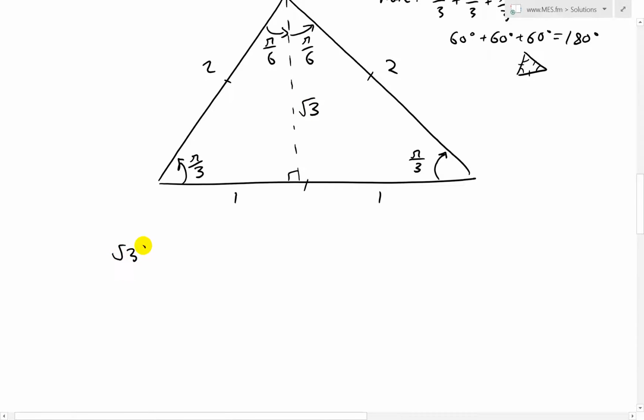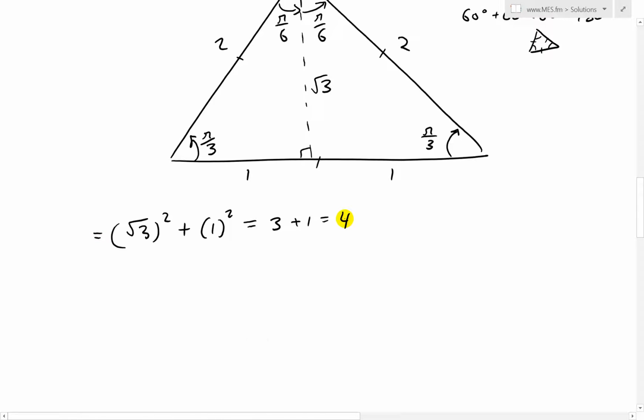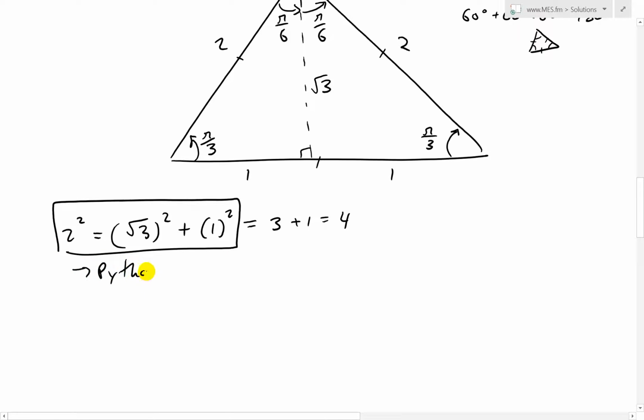So square root 3 squared, plus 1 squared, equals the side squared. This just equals 3 plus 1, which equals 4. In other words, this equals 4, just equal to 2 squared. So this is just the Pythagorean theorem, like that.